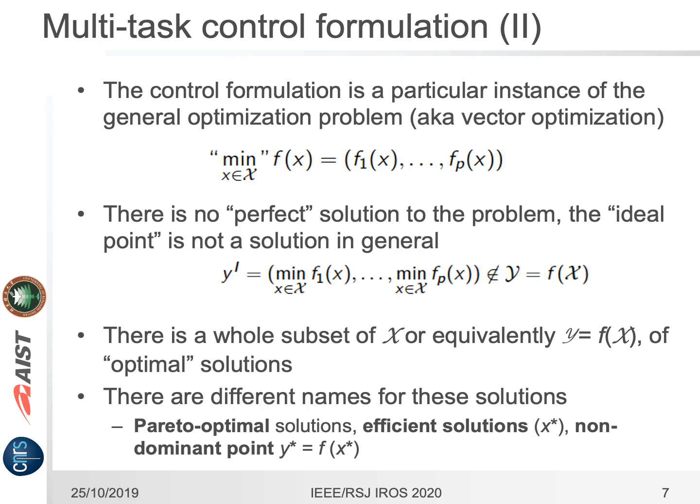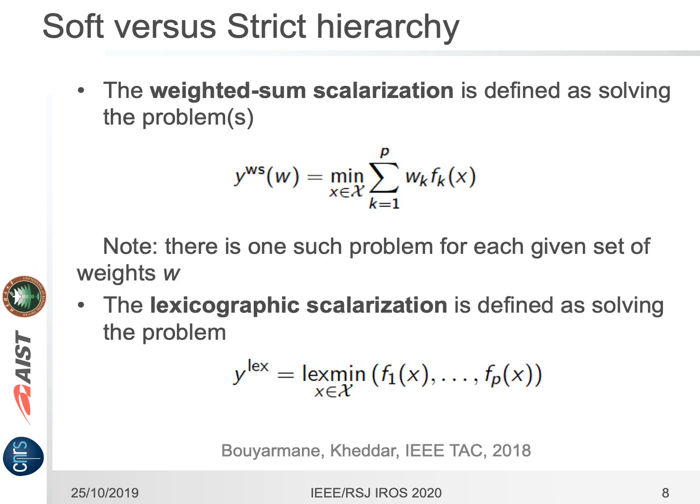There is a whole set of optimal solutions that have different names: Pareto optimal, efficient solutions, non-dominant point, etc. Soft prioritizing tasks is defined as solving the following weighted sum scalarization minimization problem. Whereas strict prioritizing tasks is defined as solving a lexicographic scalarization minimization problem.